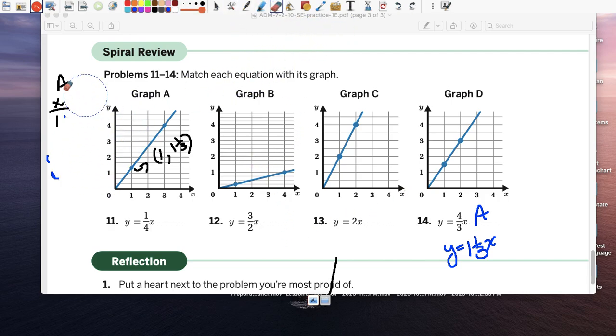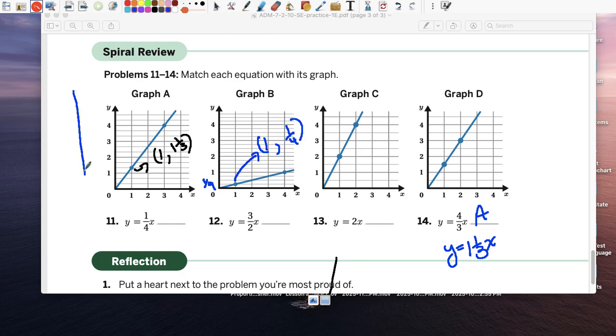Notice that with one point we can find everything. This one also has a unit rate. All these four actually automatically give us a unit rate. So for every 1 that I have of x, how many y's do I get? 1, 2, 3, 4. That looks like 1/4. So for every 1, I get 1/4 of y.